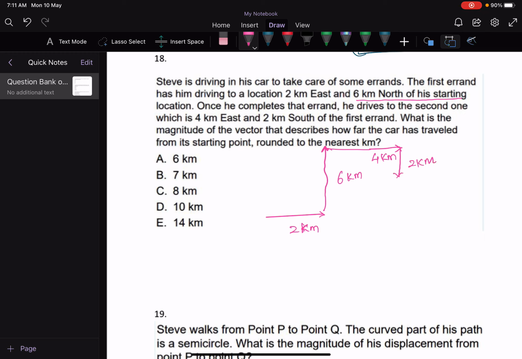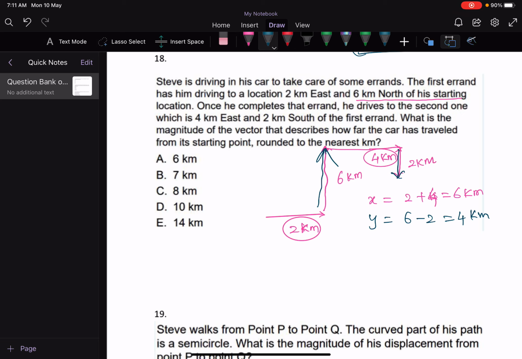What is the magnitude of the vector that describes how far the car has traveled from the starting point, rounded to the nearest kilometer? Here the x components are 2 kilometers and 4 kilometers, so the x component of displacement is 2 plus 4, that is 6 kilometers. The y component is plus 6, and the other pointing south means minus 2, so you get 4 kilometers.